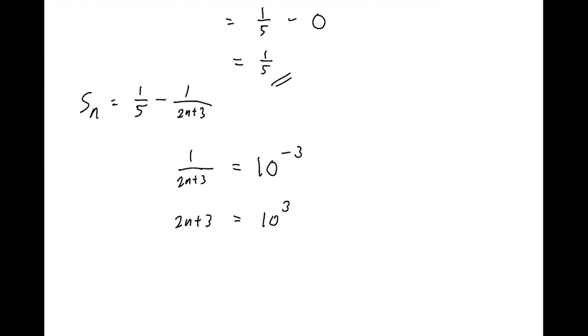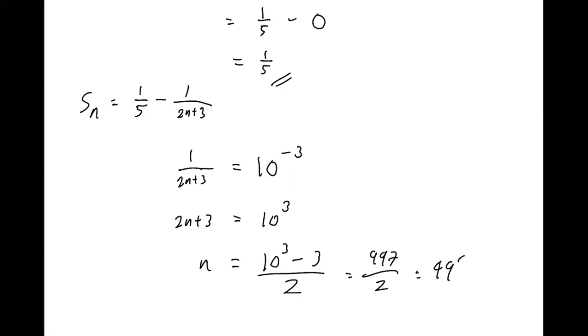Then you don't need a GC, just 10 power 3 minus away 3, then divide by 2. Then you can solve for n. So that's 1000 minus 3, which is, never mind, you can just use a calculator for this. 1000 minus away 3, then you divide by 2. 997 over 2. And that is 498.5.